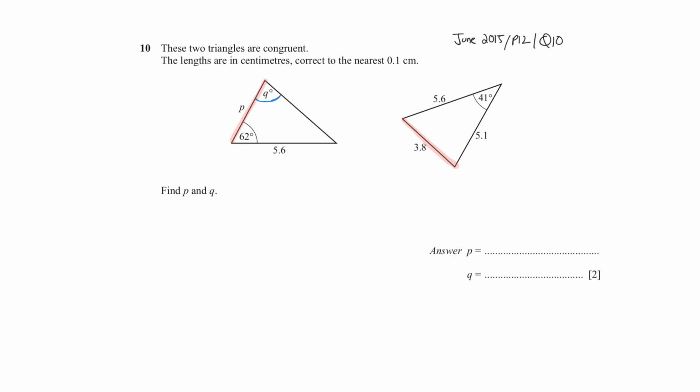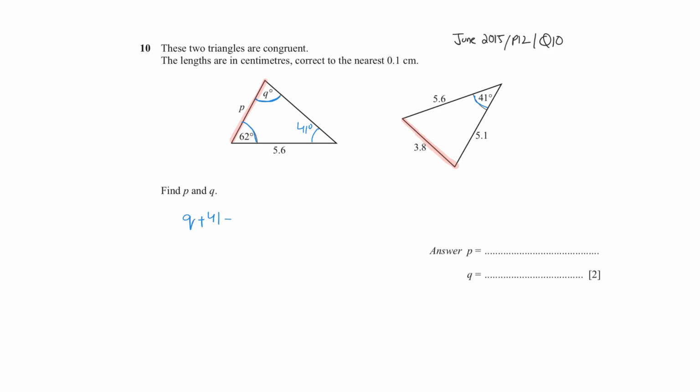This angle q and this angle is 62. Here we have an angle of 41. Okay, so this angle must be 41 degrees. The sum of all the angles of a triangle is 180.